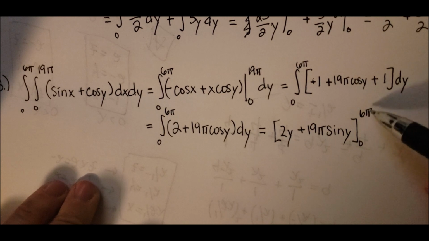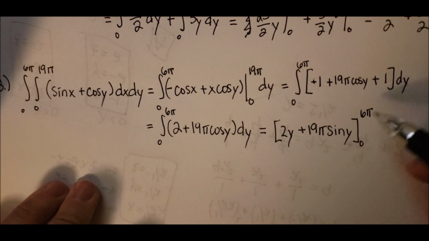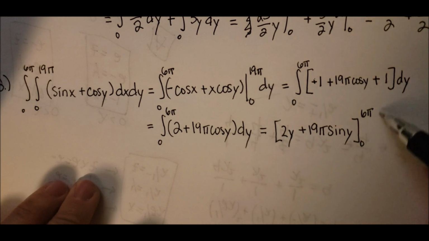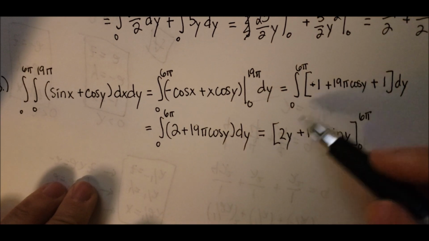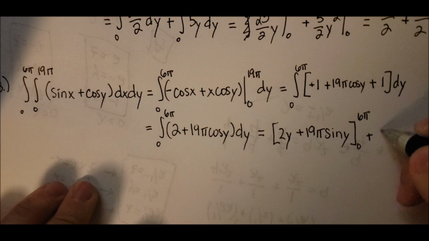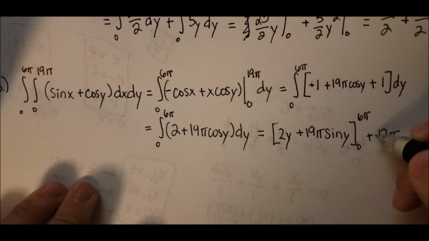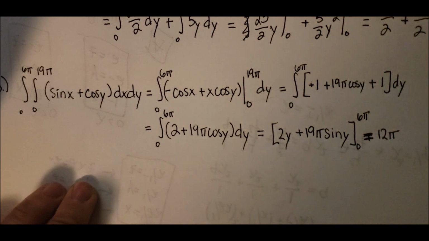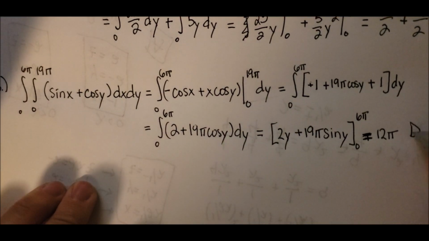And sine of an even pi, sine of 0 is both 0. So I have 2 times 6 pi plus 0. That is equal to 12 pi, which is D.